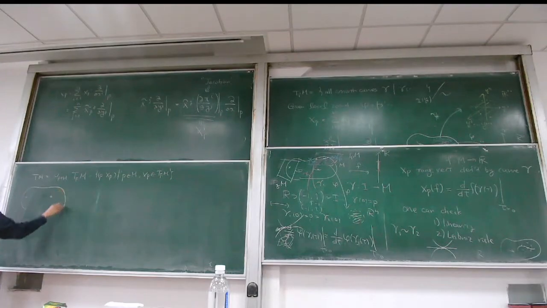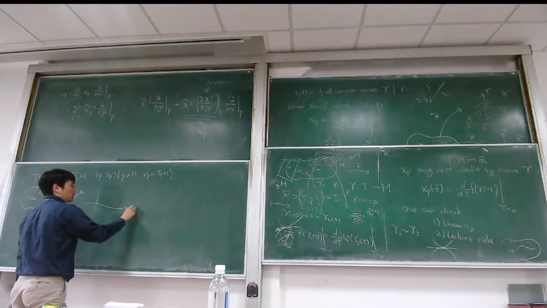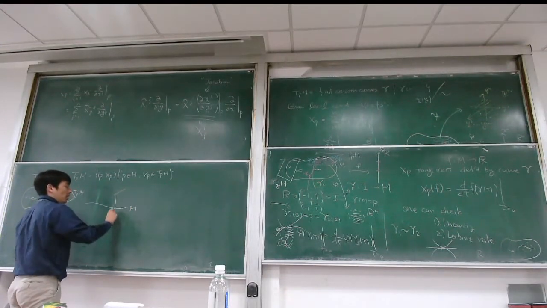Schematically you have M. At each point you have a tangent space T_P M. At each point you can consider the tangent space, and you just consider all together. Schematically, at each point you can consider the tangent space.